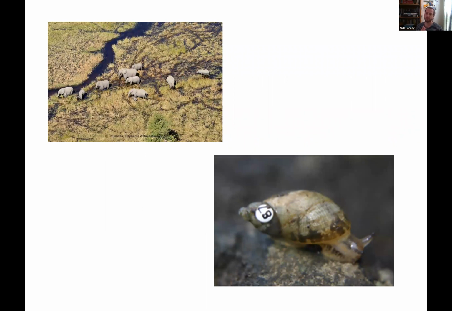So these are just two examples of how we can sample population sizes and how it's context dependent. Say we're studying elephants in a savanna. Because they're very big and they're in open habitat, we can use things like planes and binoculars to go out and just count the number of individuals because they're relatively easy to spot.